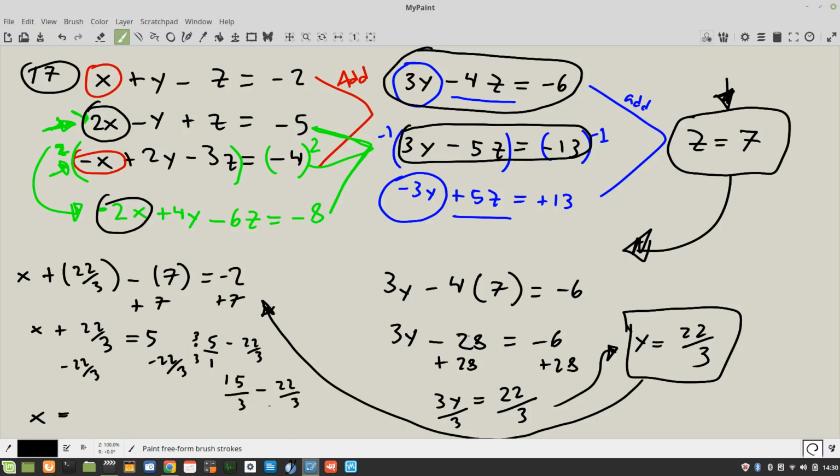Now 15 minus 22 is negative 7, right? Over 3. And that's how we get it. Alright, whatever.